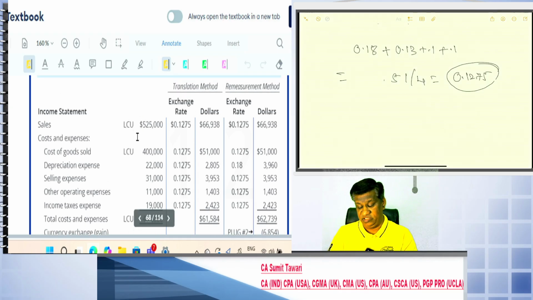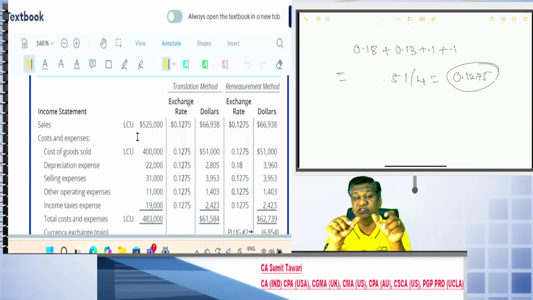Okay, mostly you will get a question with data like the depreciation expense in local currency, and you need to calculate what amount you need to consider as per the remeasurement method. So you need to keep in mind that in remeasurement for depreciation we are using the historical rate, not the weighted average rate.